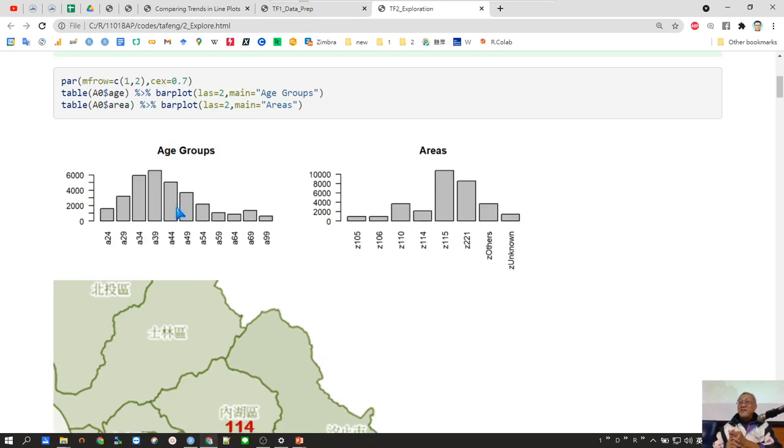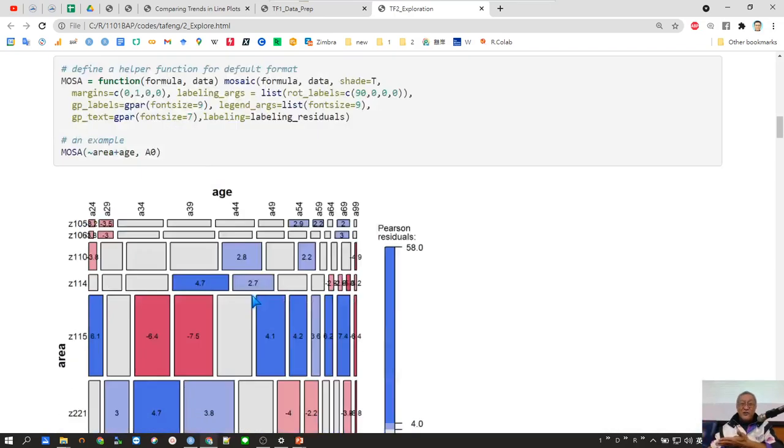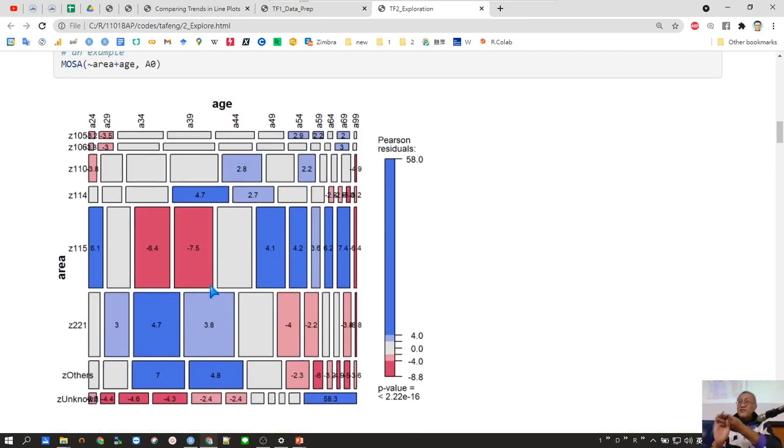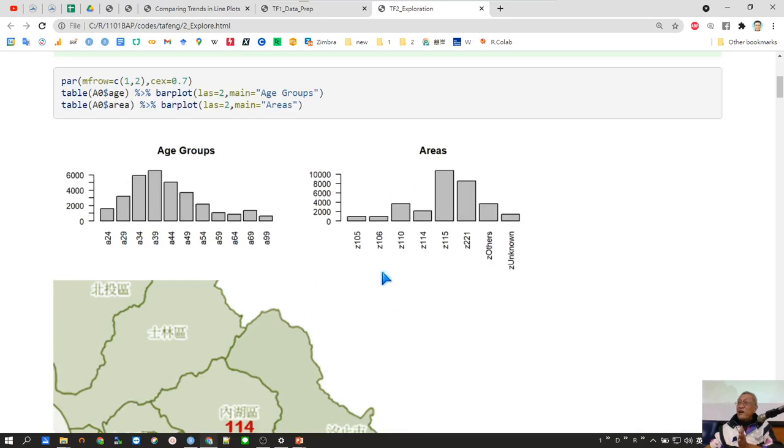Okay? The color actually means less than or more than the common distribution. By common distribution, I mean that if I do not consider area, and simply do an age group distribution, this is the population distribution, isn't it?